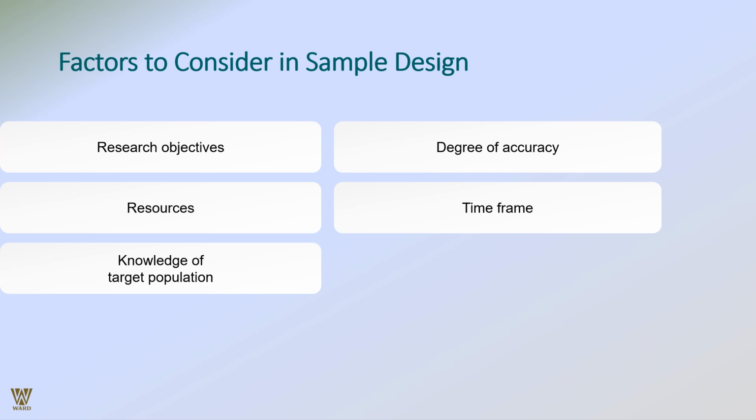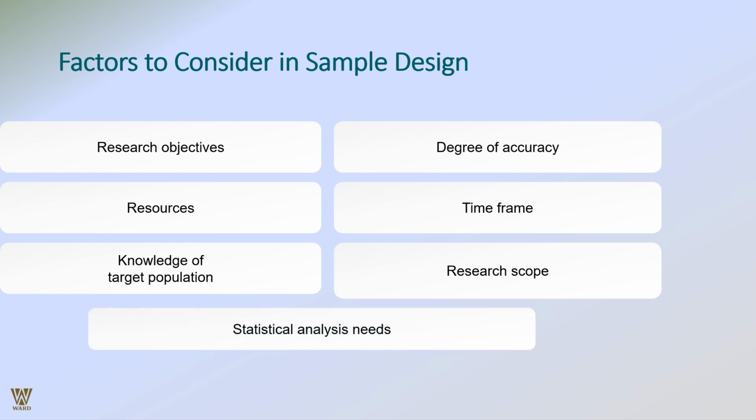The knowledge of the target population is very important. The research scope thereby, the knowledge. Without the knowledge of the target population, you will not be able to understand the sampling method, the characteristic, which one to follow, the random, the stratified, the cluster, the non-probability, and that is what goes around it. The research scope thereby.